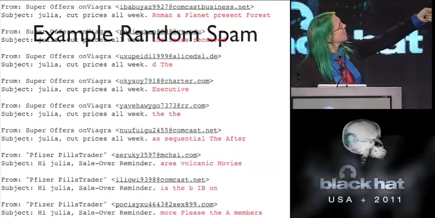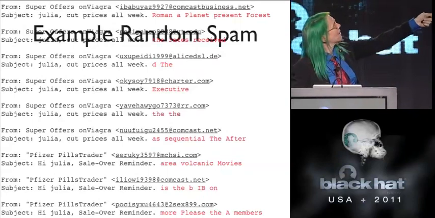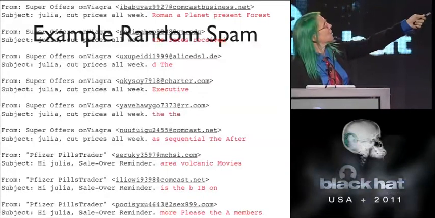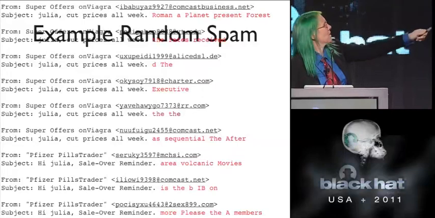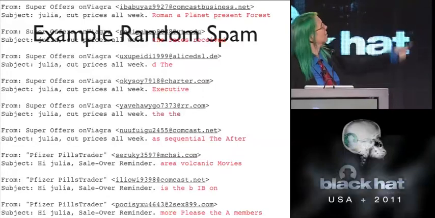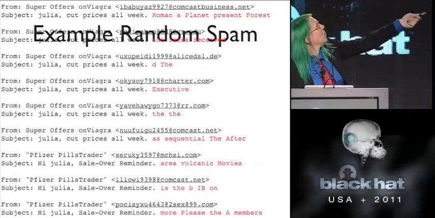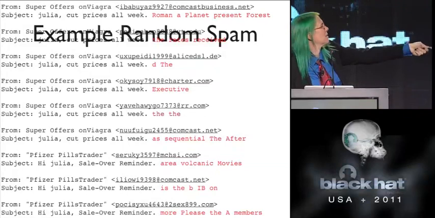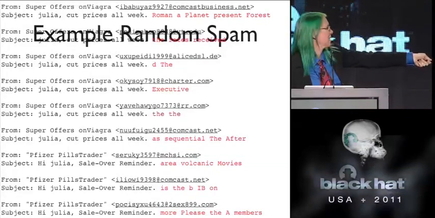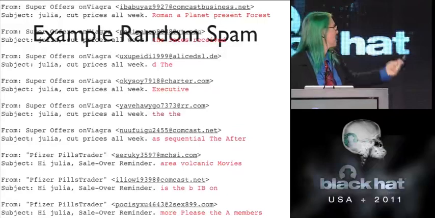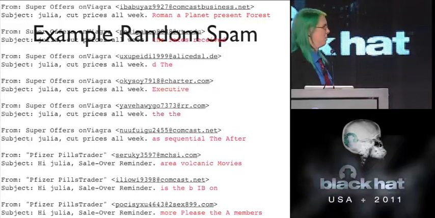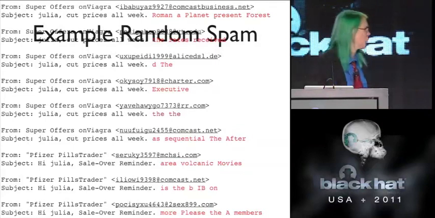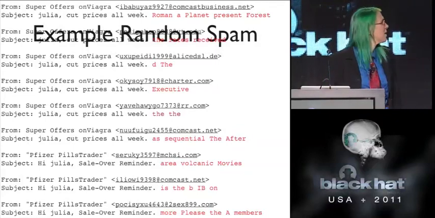The from line is basically a 4-digit number with some other stuff at a bunch of DNS names, probably pulled out of the recipient email list or something like that. Then the whatever plus the random text from Wikipedia. So sometimes it doesn't quite make any sense, but anyway, it's enough to bypass a lot of simple classifiers, or at least keep the score low enough to sneak by.